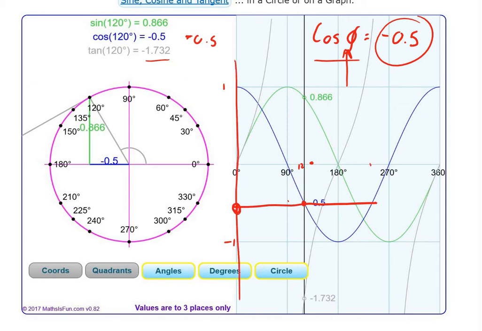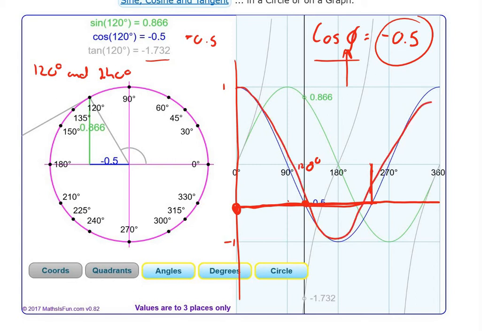I would draw a line across, it would hit it at 120 degrees, and it also hits it here at 240 degrees. However, if I kept the line going across, do you think it would hit it again and again? Because remember, this wave keeps going on.